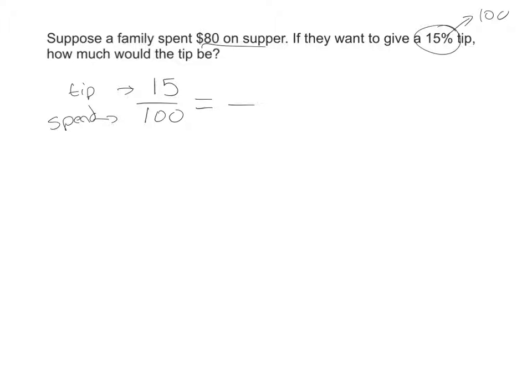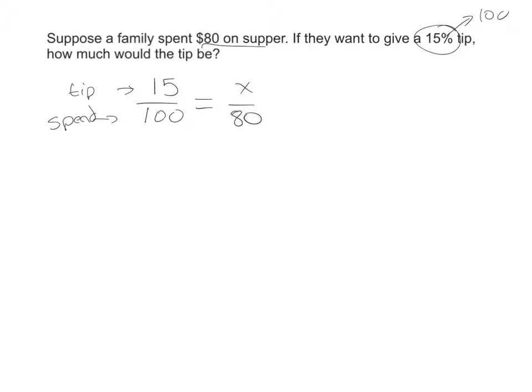On the other side, though, we didn't spend 100. We only spent 80, so I'm going to put 80 on the bottom because that's how much I'm spending. The question is, how much of a tip should I give? So I'm going to put an X, or a question mark or a smiley face or a dollar sign, some sort of variable there to help me solve this.